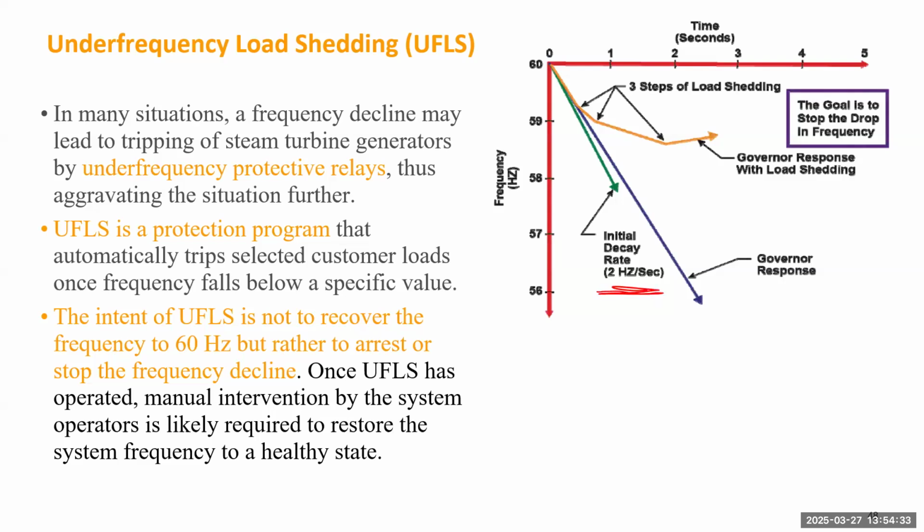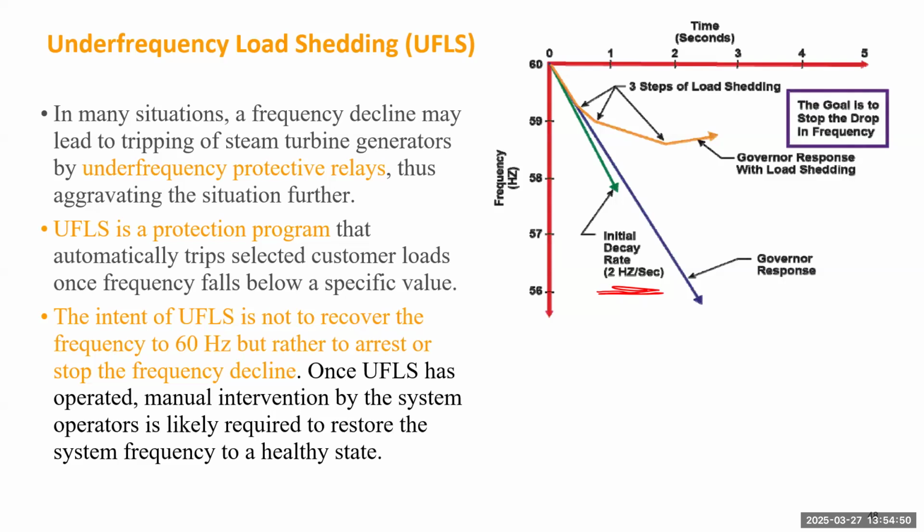If we know that for this system, every second the frequency will decline by 2 Hertz, and 2 Hertz is too bad, which means if the control is not enough, after 1 second the frequency will be 58 Hertz.